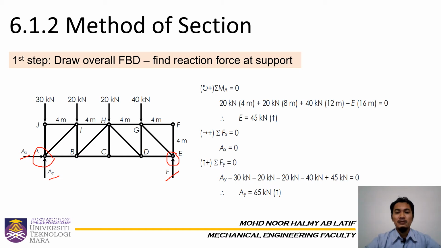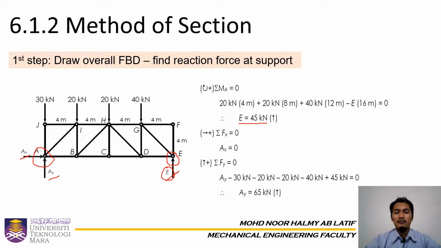By using the summation of moment at point A, the reason why we use moment at A is to eliminate the unknowns at A, which leaves us with one unknown only, which is E. By doing the summation of moment, we solve it and get E equal to 45 kilonewton.